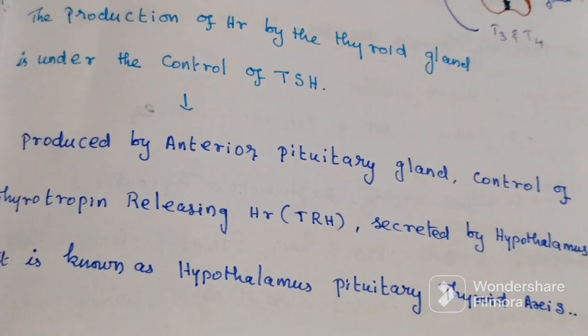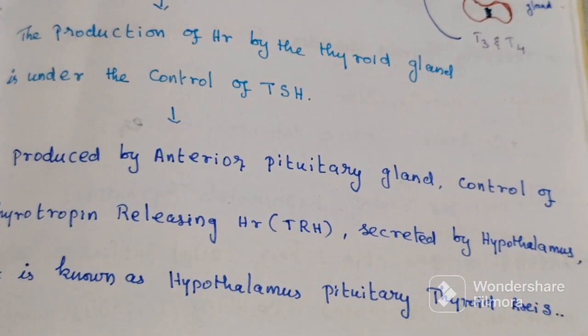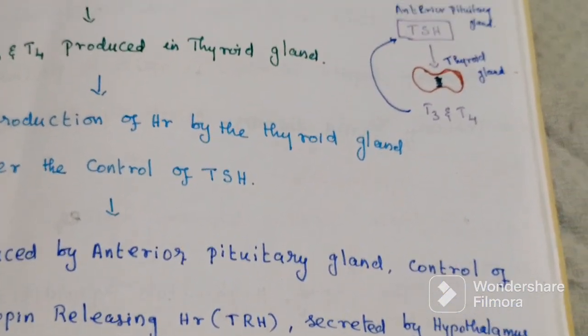So it is known as the hypothalamus pituitary thyroid axis.